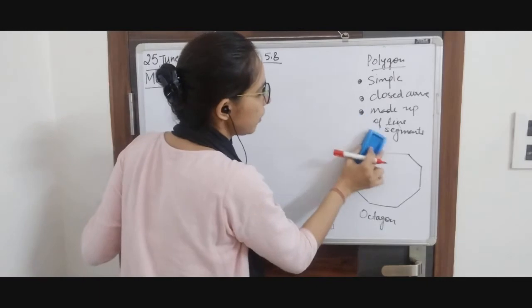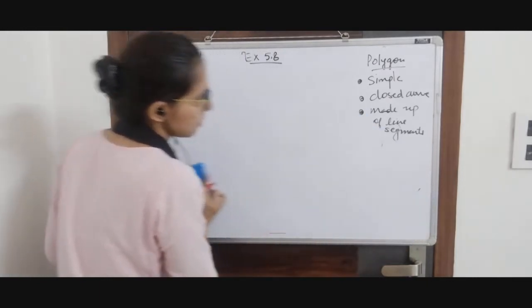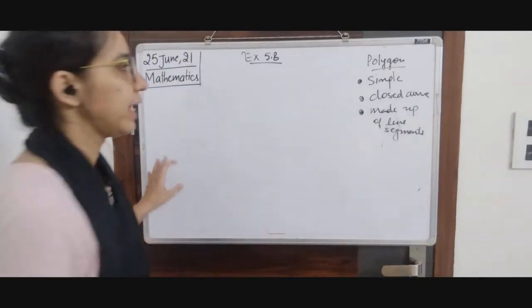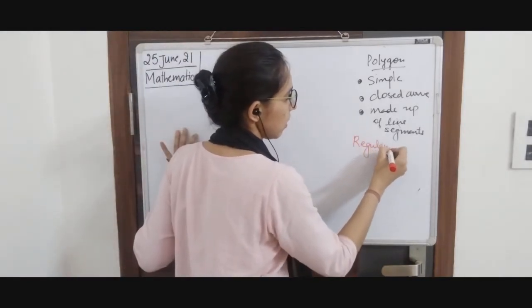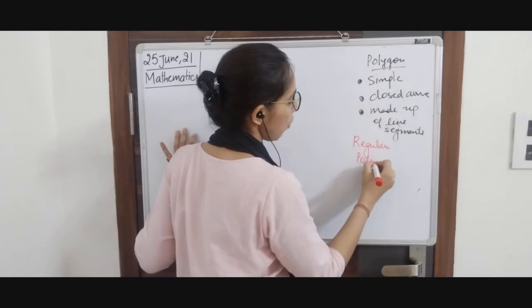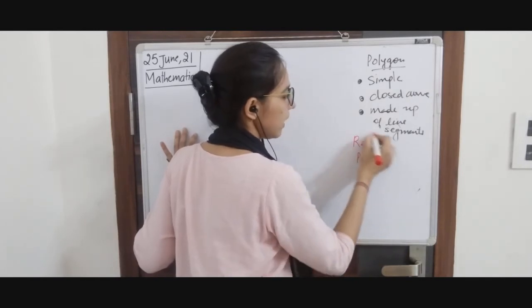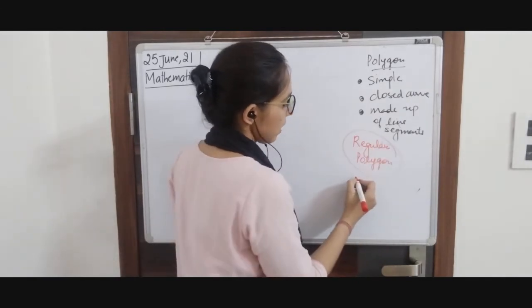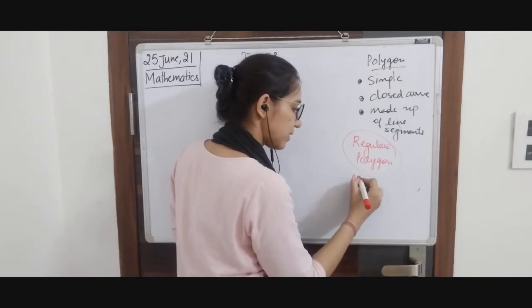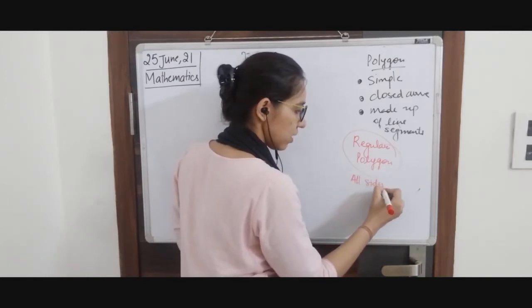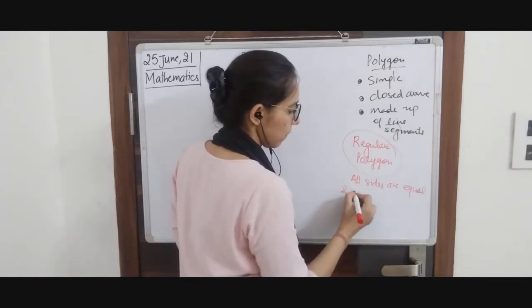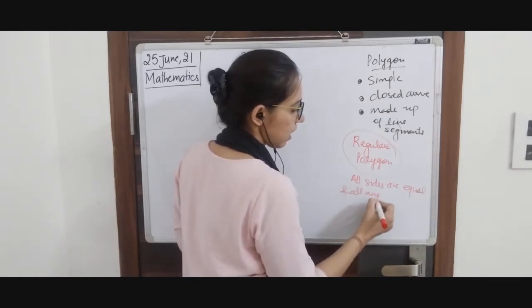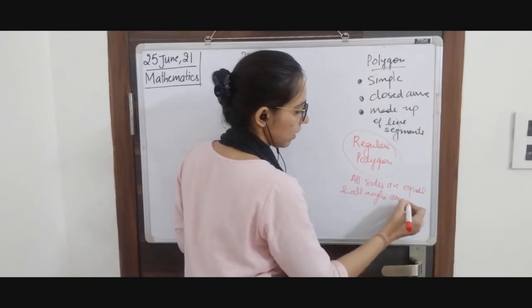Now we have done polygons. What do we mean by a regular polygon? Regular polygon means all sides are equal and also all angles are equal.